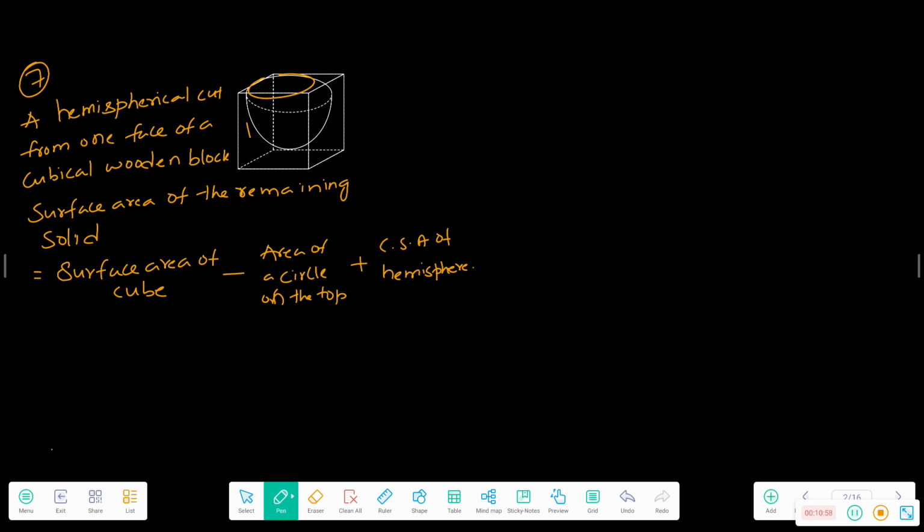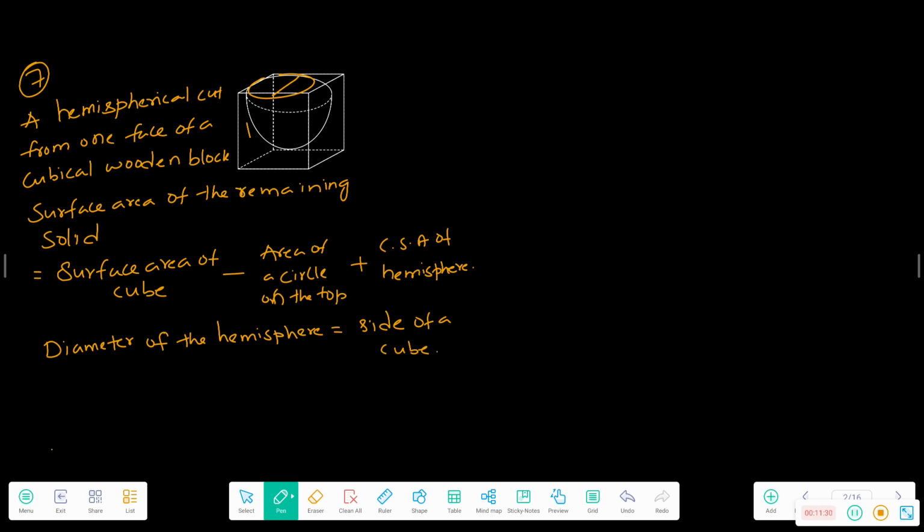Now if we look into this, the diameter of the circle or diameter of the hemisphere is actually equal to the side of a cube.